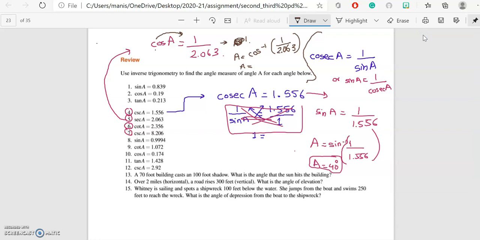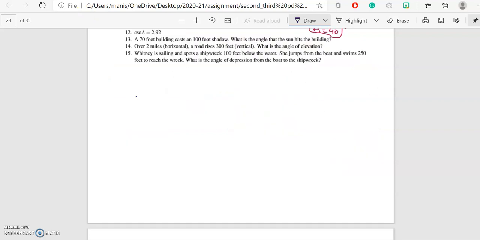So I'll write my value of A as 61 degrees. So this is my answer for this question. I intended to do only one problem, but since the second one came, I did one more question for you. Okay, let me do number 13 also for you.